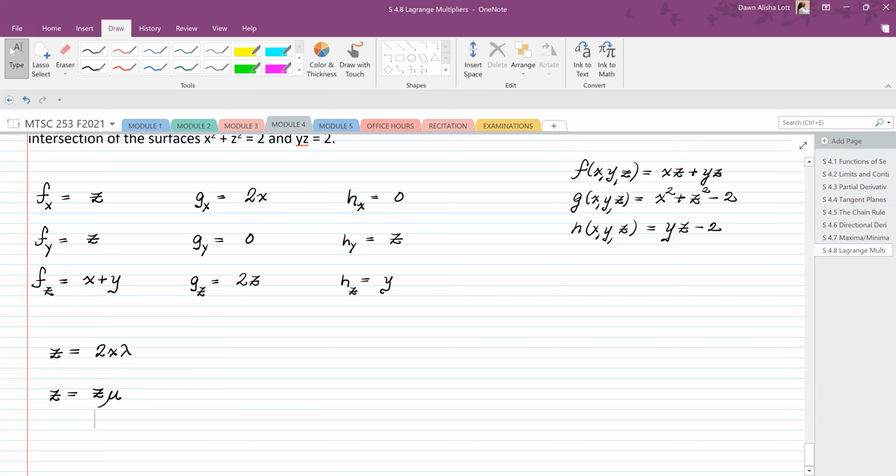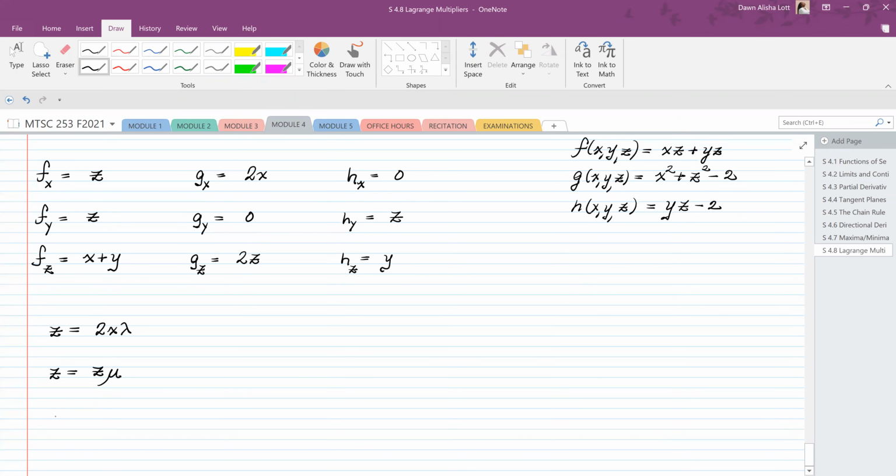And then the last one is x plus y is equal to 2z times lambda, and y times mu. So far, so good.